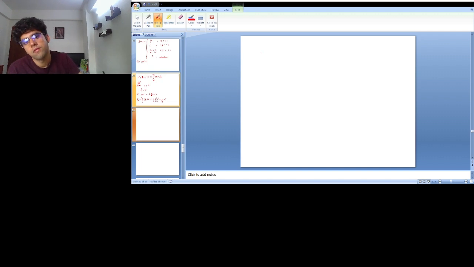Now for x belongs to 1, 2. Now for x lying between 1 and 2, this means any x lying between 1 and 2.